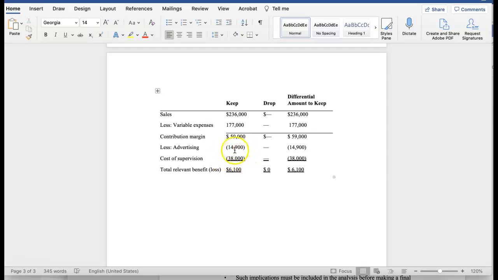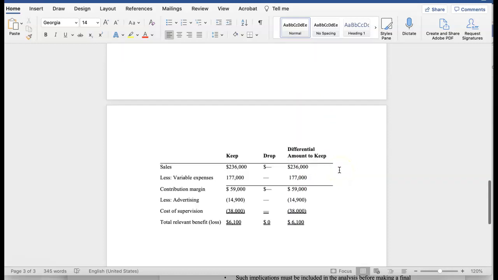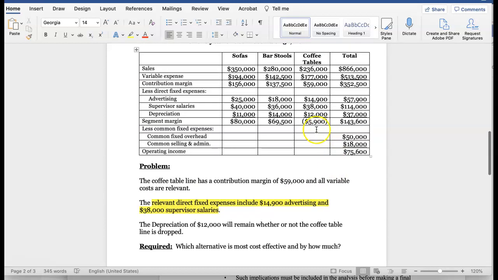When we subtract those from our contribution margin, we see that if we keep the coffee table line, we will have a total benefit of $6,100. If we drop it, we don't have anything contributing to the bottom line. So the decision to be made is, do we keep or drop it? Even though it shows a negative segment margin, remember we're still keeping the depreciation no matter what.